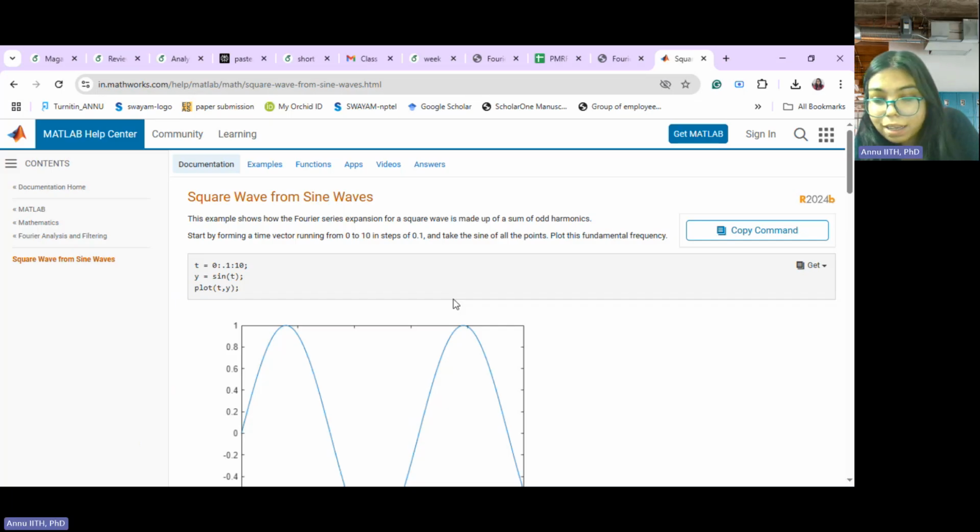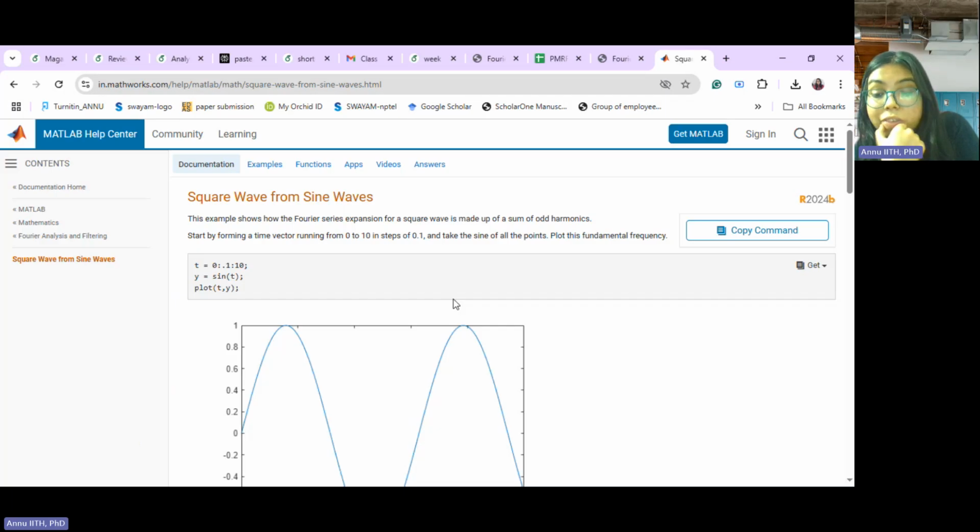How can we get a square wave from the sine wave or vice versa? That is very interesting to note. This example shows how the Fourier series expansion for a square wave is made of a sum of odd harmonics. That's where the concept of Fourier series comes into the picture.